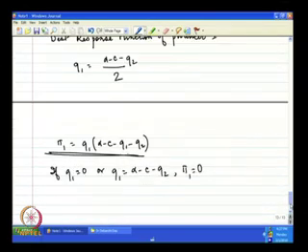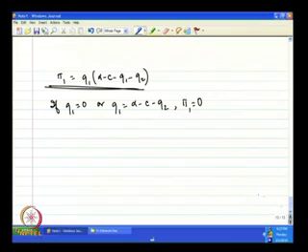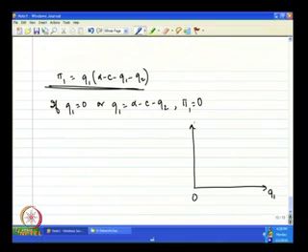So, if I have to draw this curve, how will it look? Suppose I represent Q1 along the horizontal axis and pi 1 along the vertical axis, and I also know that this thing is true. Which means this pi 1 curve is a concave curve, cutting the horizontal axis at 0 and at this point.